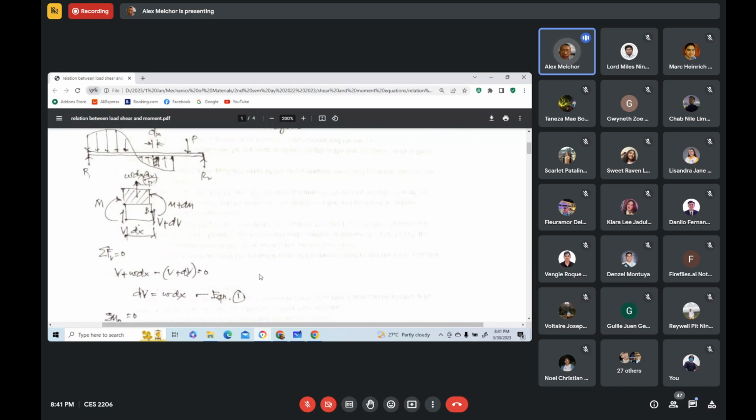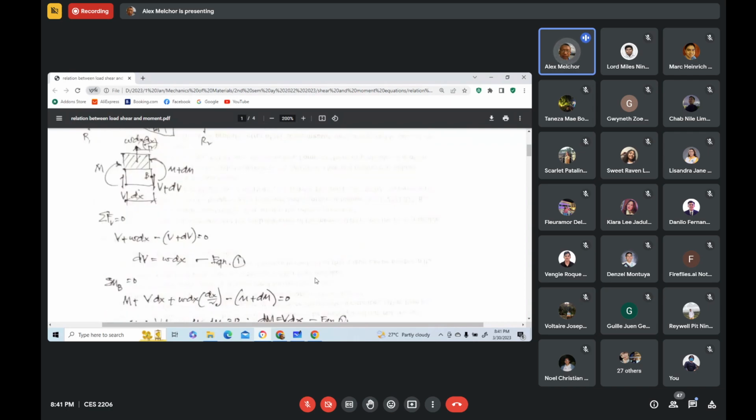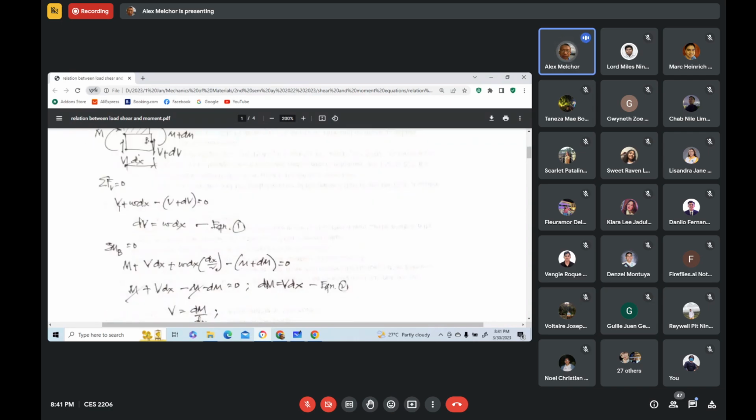Simplifying, V minus V will cancel. So you will have now w dx minus dV is equal to 0. So dV therefore equals w dx. Call this equation 1.